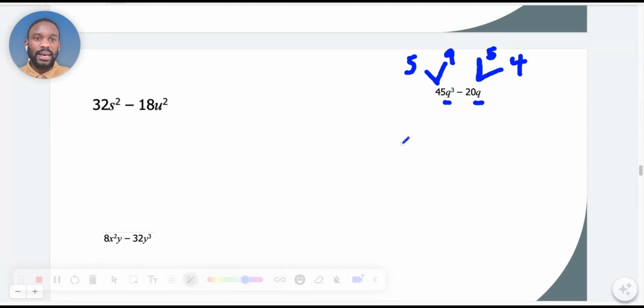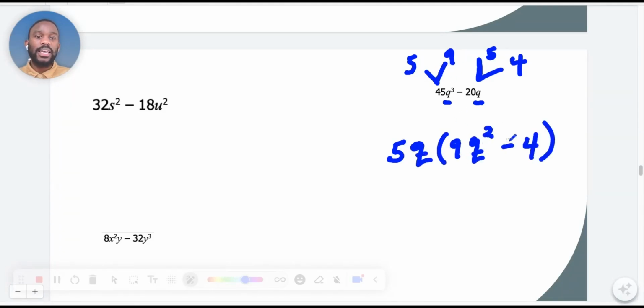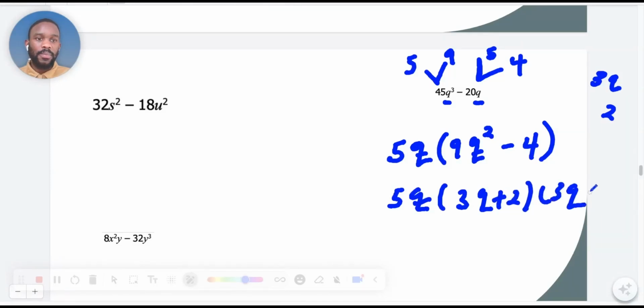So if you factor out 5q, because you see 5 is common here, you'll be left with 9q to the second minus 4, that's a difference of two squares because the square root of 9q to the second is 3q. And the square root of 4 is 2. So 5q into the square root, which is 3q plus 2 into 3q minus 2.